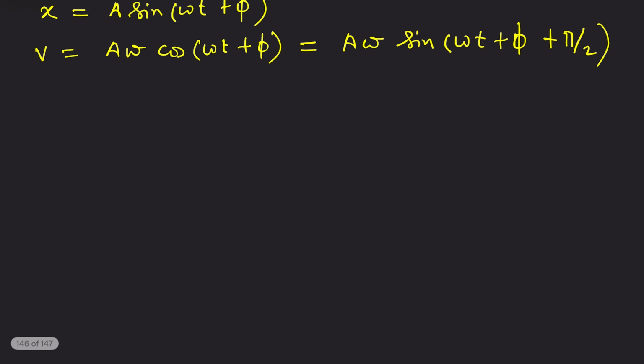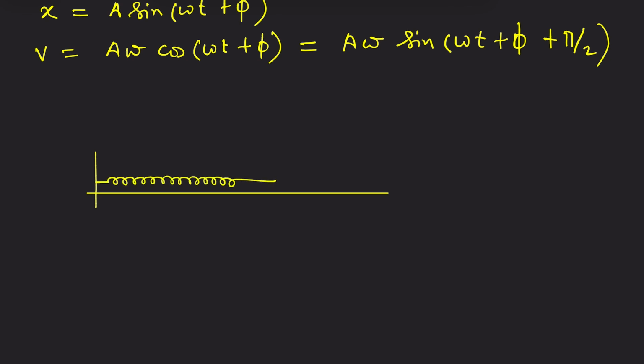I'll show you first, and then we can make the phasor diagram. Let's say this is our particle, this is its positive extreme, and this could be the negative extreme. So this is your amplitude.